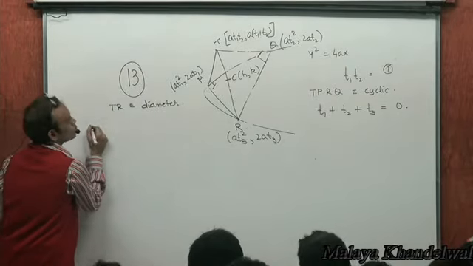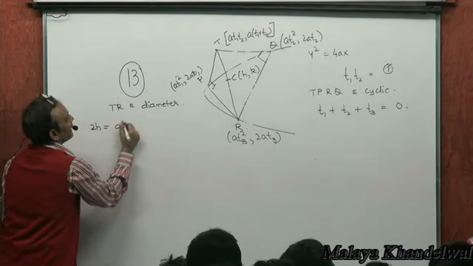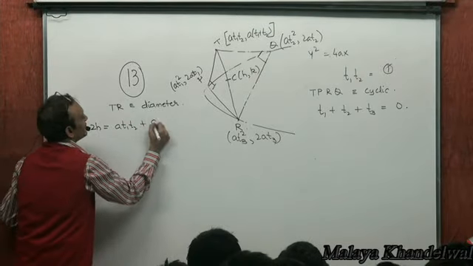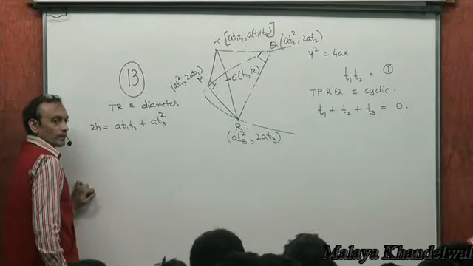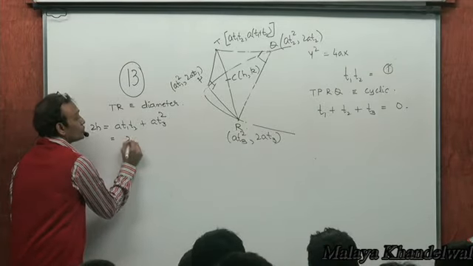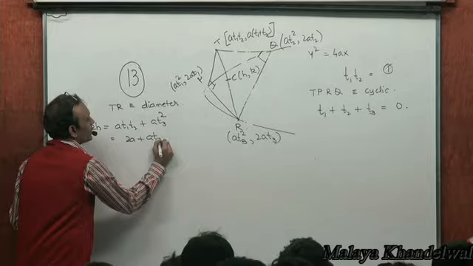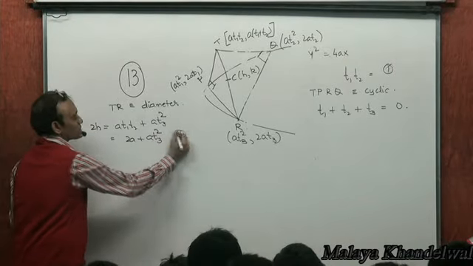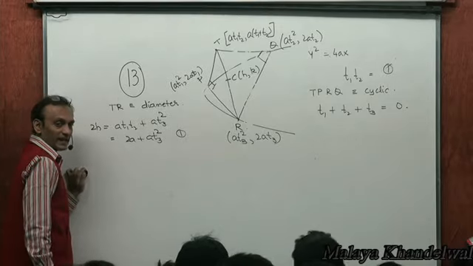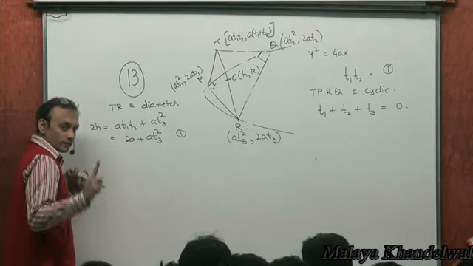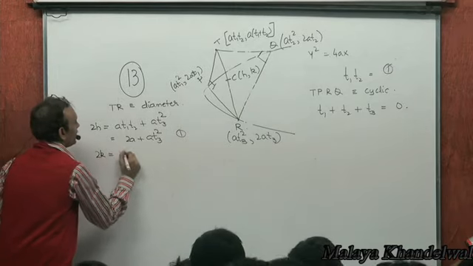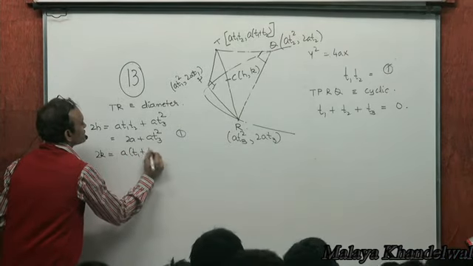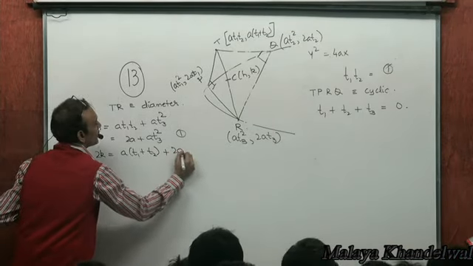Okay, so 2h is a t1 t2 plus a t3 squared, which is 2a plus a t3 squared. That's equation 1: 2h is 2a plus a t3 squared, the x coordinate of the midpoint. 2k would be a(t1 plus t2) plus 2a t3.